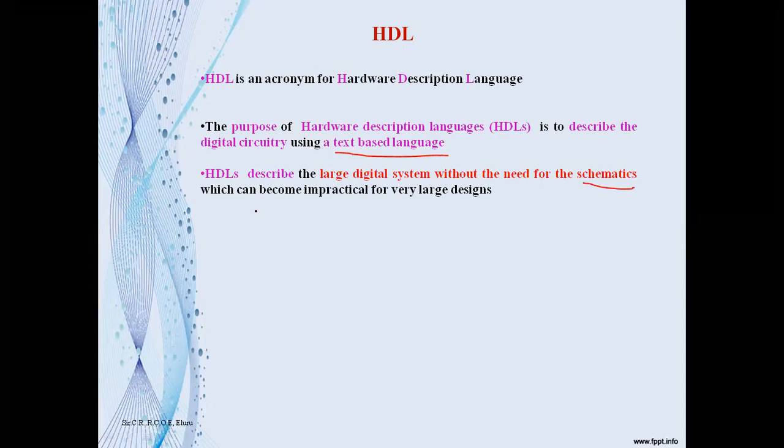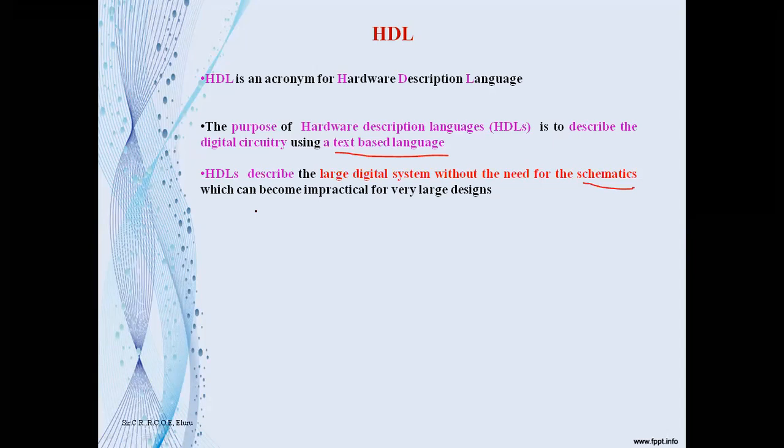But the hardware description language can describe digital systems without schematics. Manually, whether you design a simple circuit or a complex circuit, you describe it with schematics.